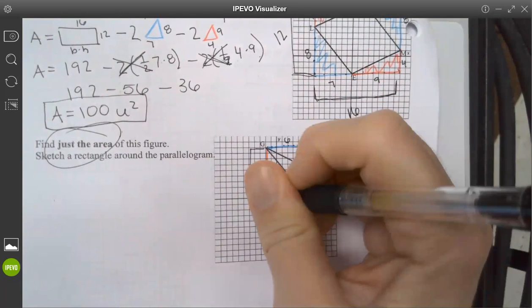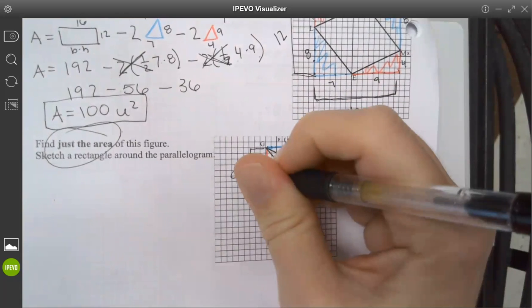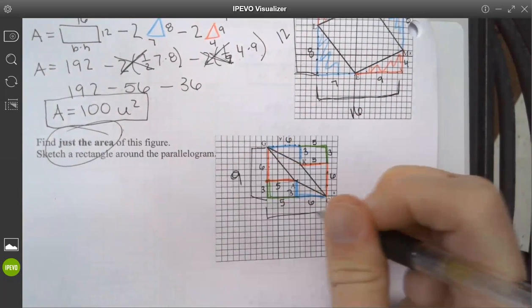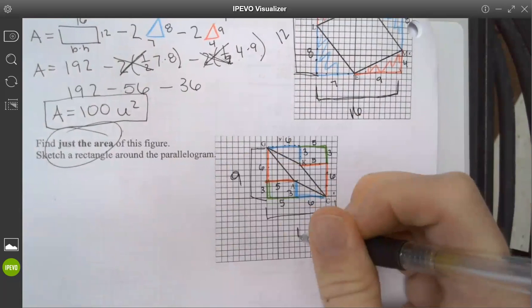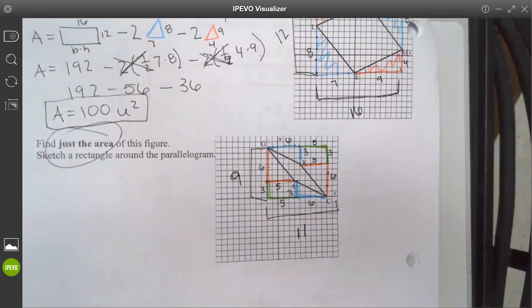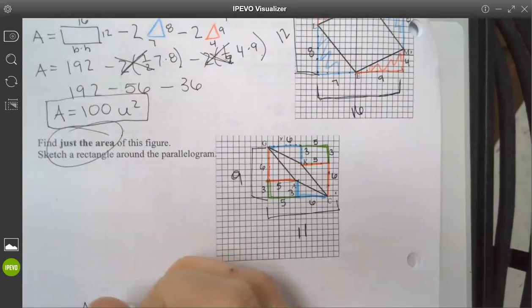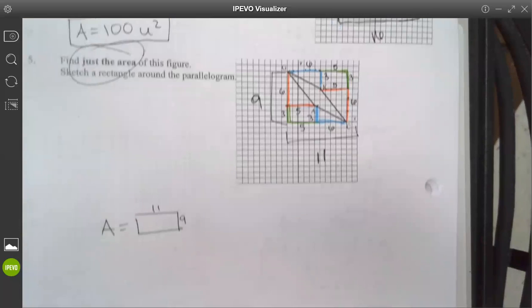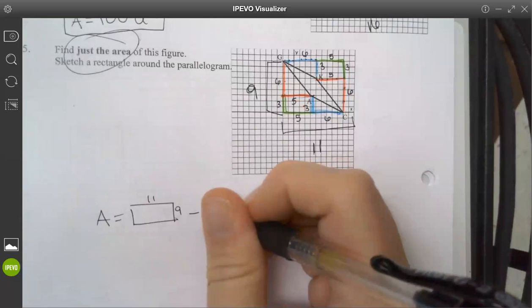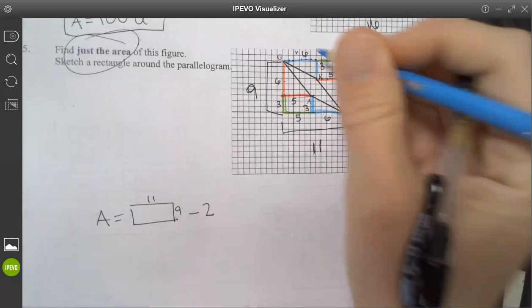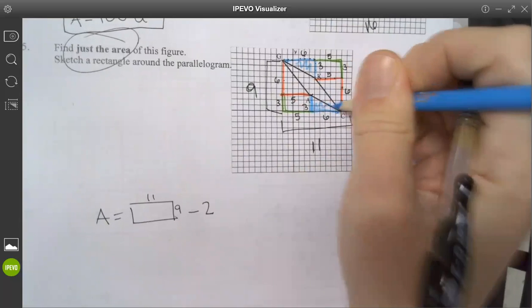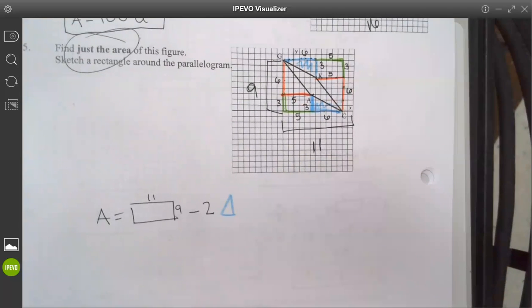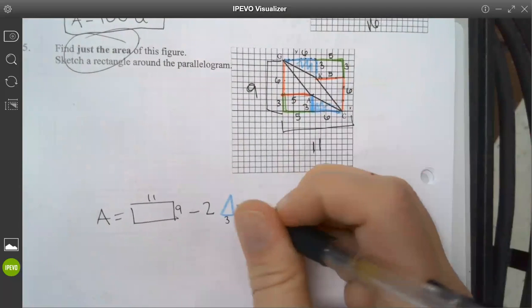So I've created a box that's 9 units this way and 11 units this way. I'm just adding up the parts that I have there. And to find my area, I have a 9 by 11 box that I made. And I'm going to subtract these guys out, blue triangles, which are 6 and 3.